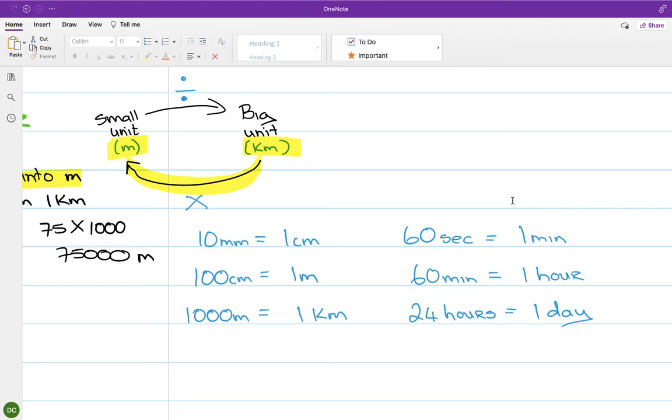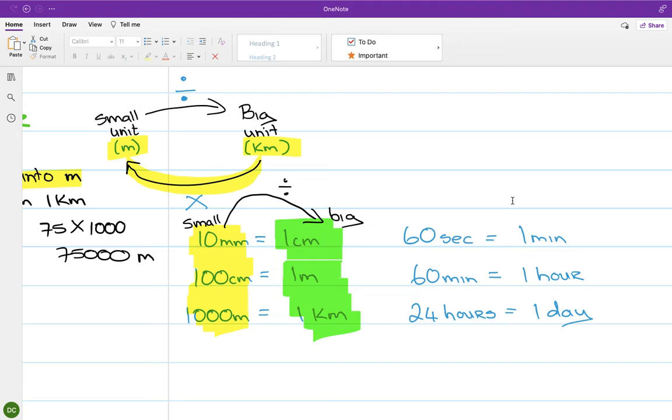And essentially, on the left-hand side, they're all smaller than the ones on the right-hand side. Does that make sense? So millimeters is smaller than centimeters. Centimeters is smaller than meters. So if we're going in this direction, we're going from small to big, which means we will be dividing.